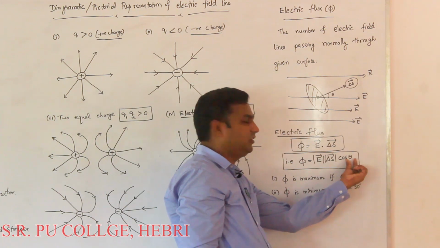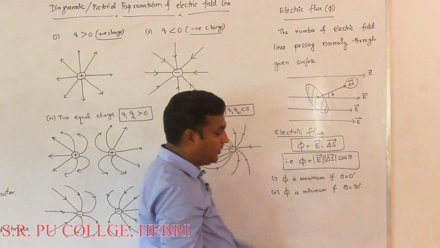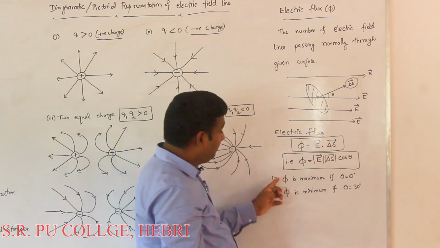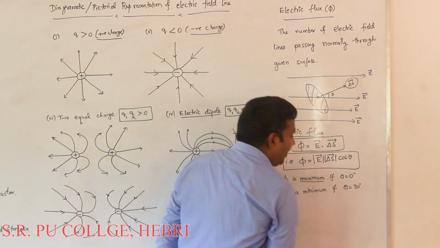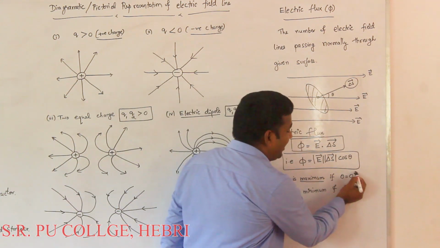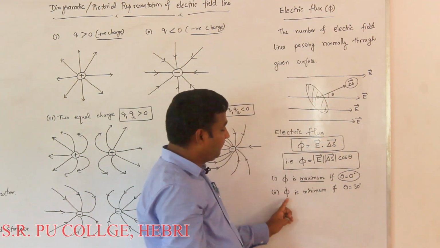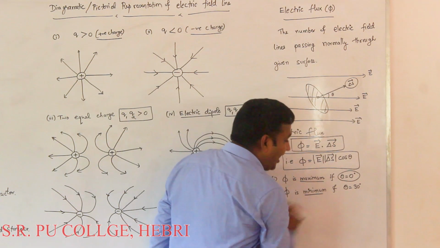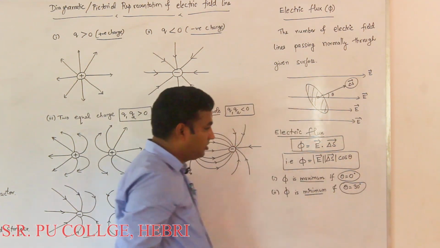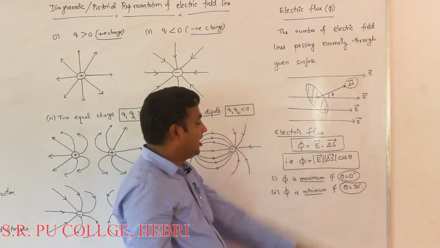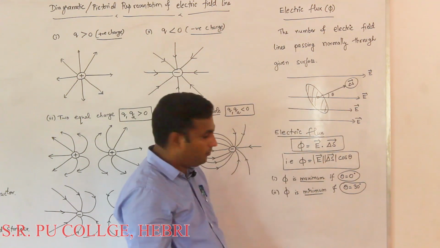Depending on the value of theta, we decide whether the flux is maximum or minimum. Electric flux Pi is maximum when the angle between E and delta S is equal to 0 degree. Electric flux is minimum when the angle between E and delta S is equal to 90 degree. These two values of theta indicate whether the flux is maximum or minimum.